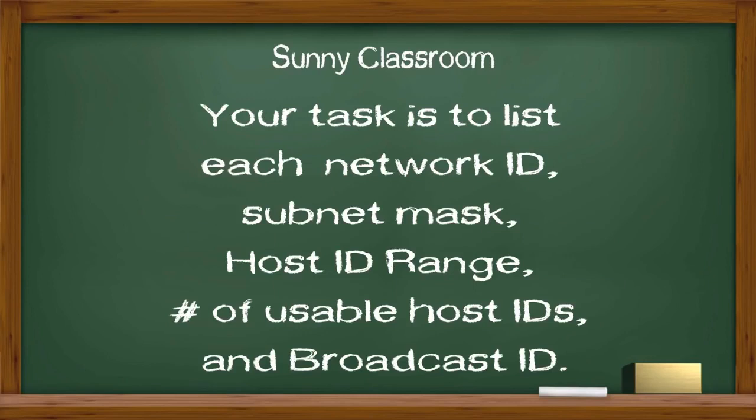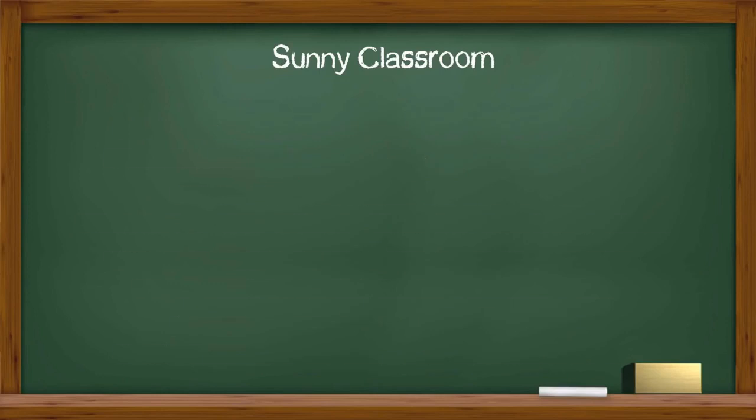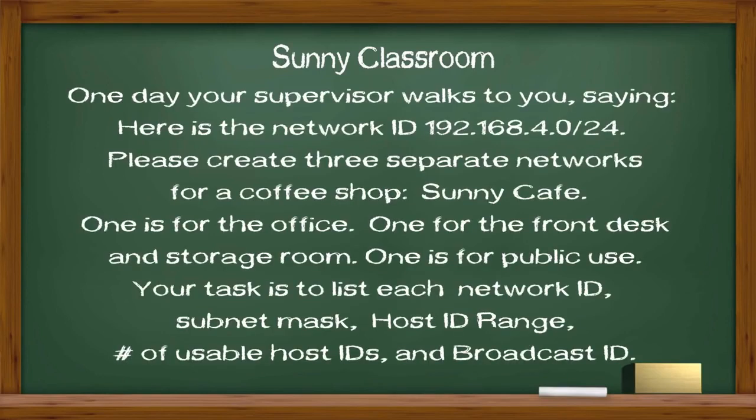Your task is to list each subnet's network ID, subnet mask, host ID range, the number of usable host IDs, and broadcast ID. I put this example below this video so you can copy it to your document for your reference as we discuss the process of subnetting.